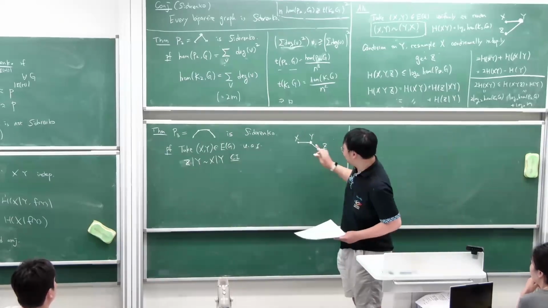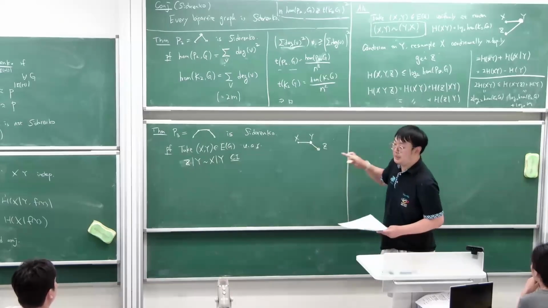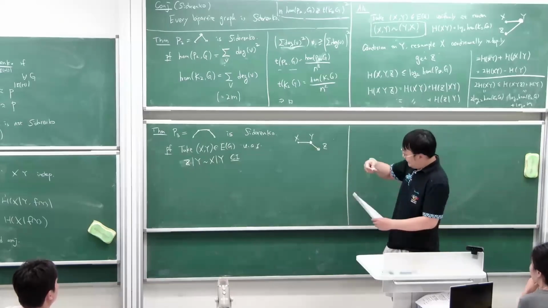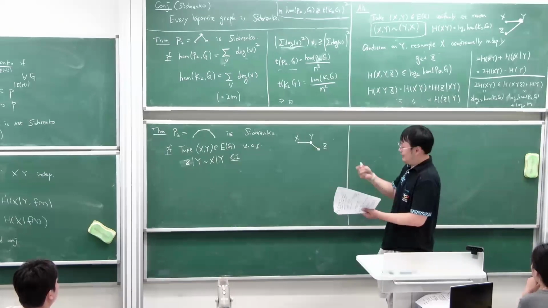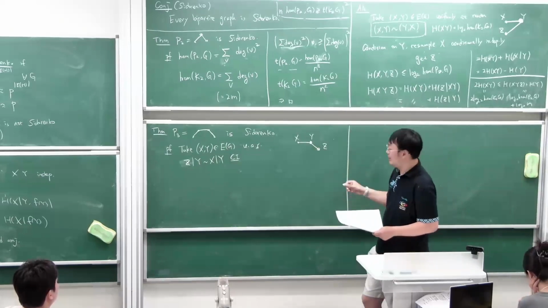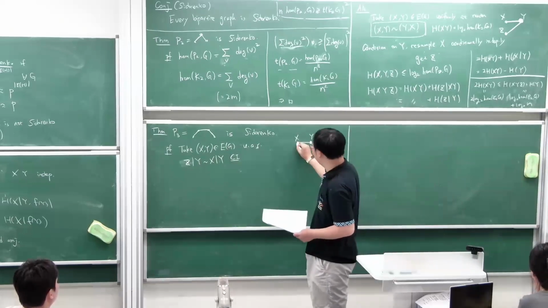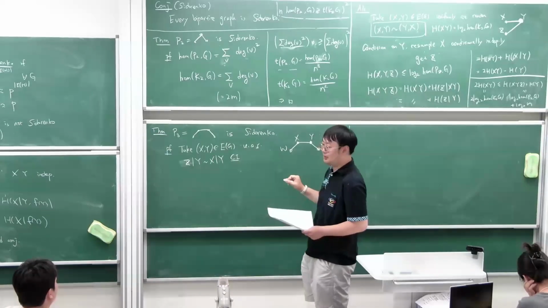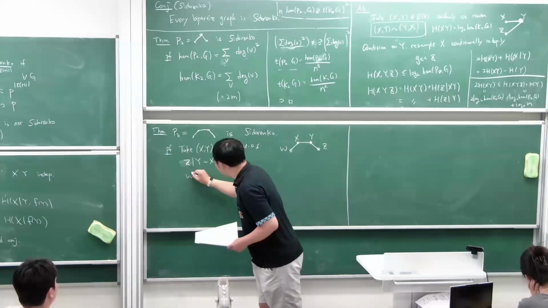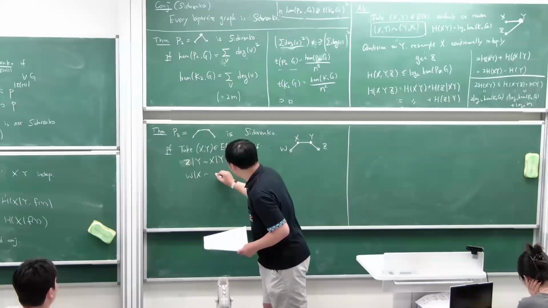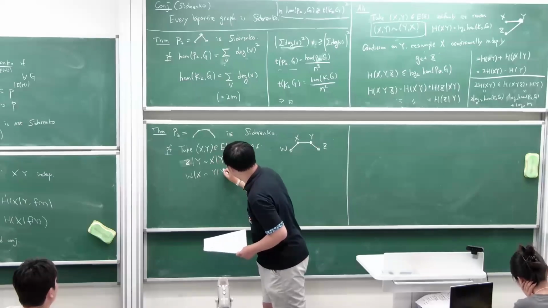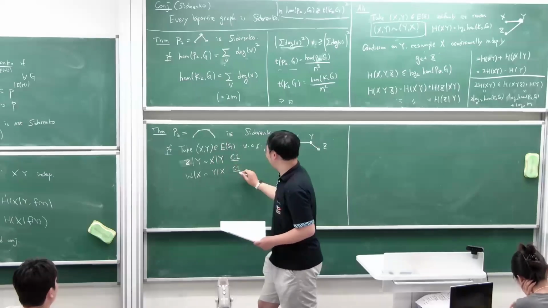So if I do this, I get a vertex Z that gives me a P2. And you can extend this trick to make this path longer. This time I can condition on X, resample Y, and get a vertex W. So W given X is the same as Y given X, conditionally independent.